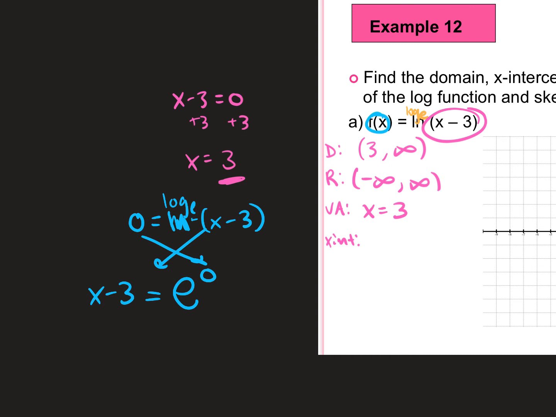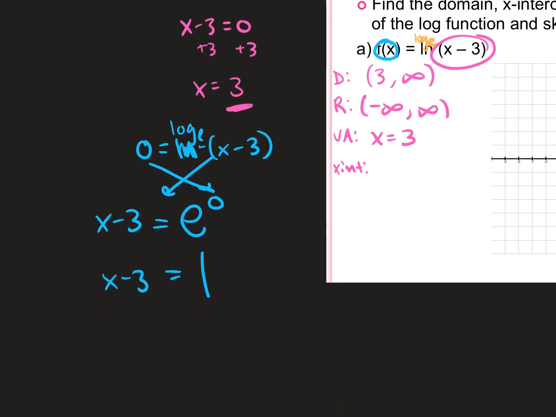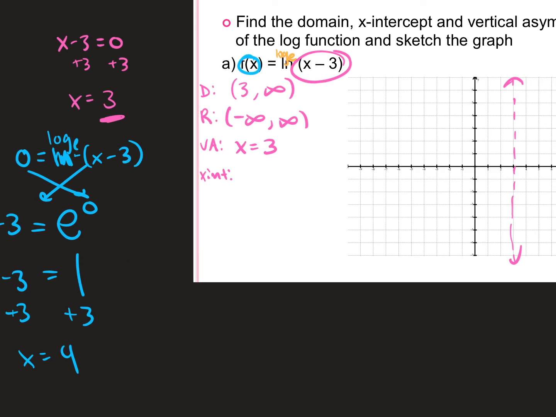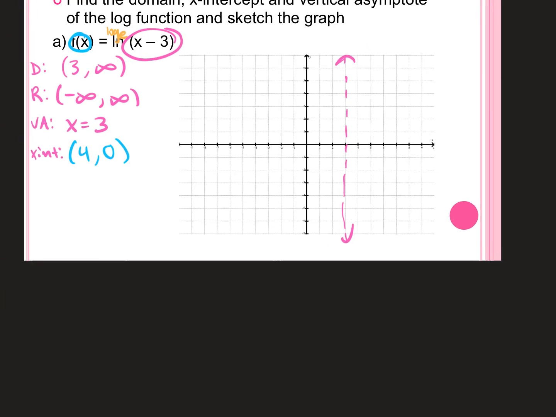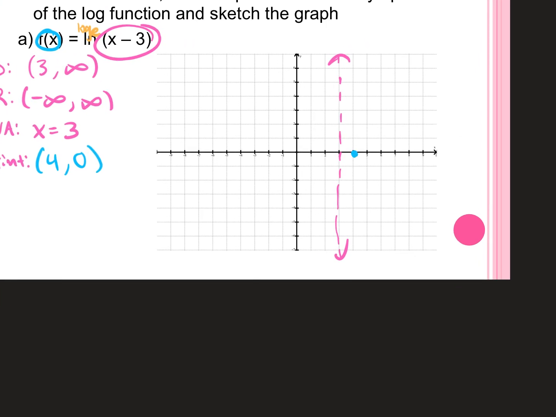E to the power of 0 is 1, because anything to the power of 0 is 1, so x minus 3 is equal to 1. Add 3 to both sides. X is equal to 4. So my x-intercept is 4, 0. So I'm going to go to my graph, put a point at 4, stay at 0.